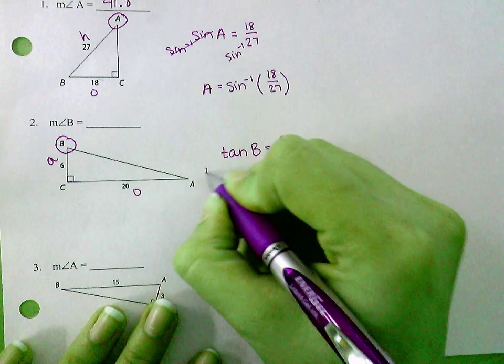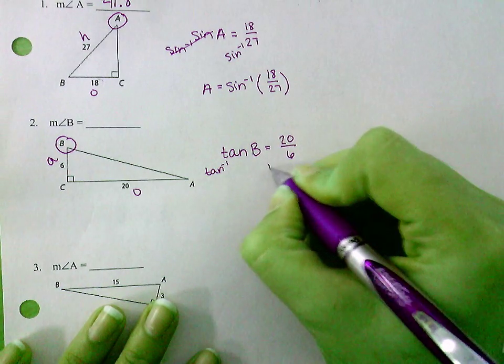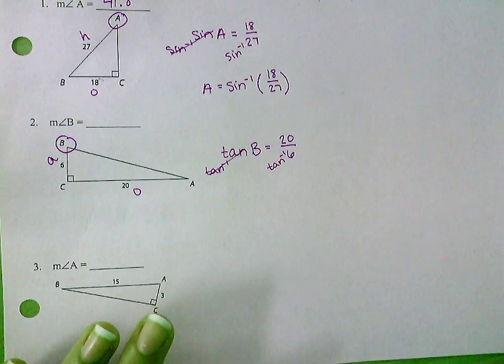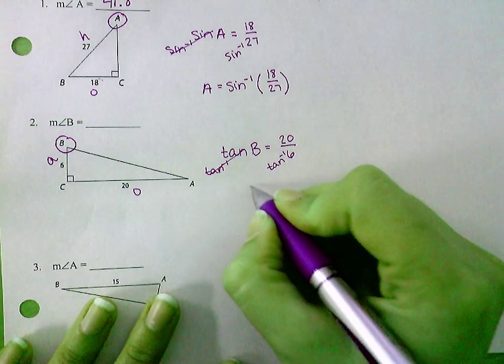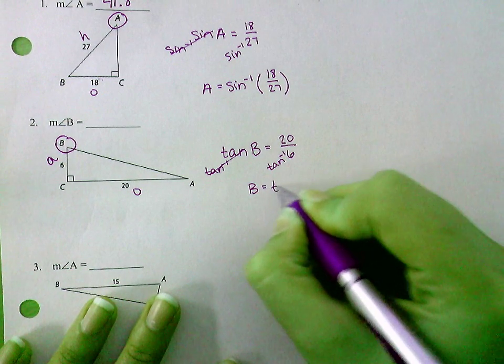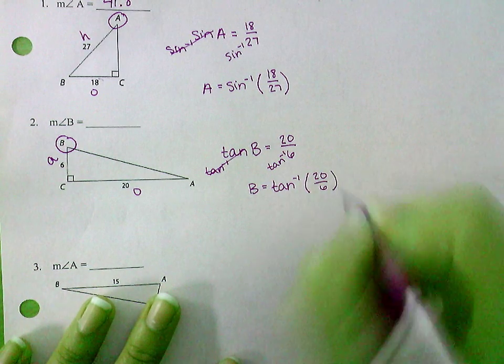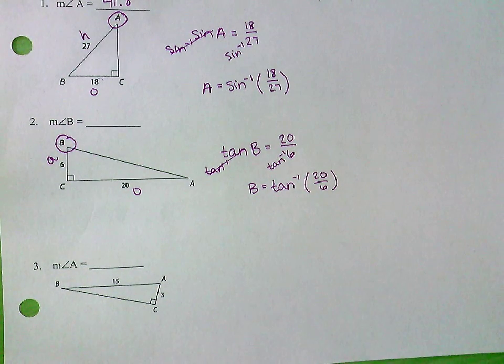Okay, bring in your tangent inverse. They cancel on the left side. So we have B is equal to tangent inverse of 20 over 6. And I again can plug that into my calculator.